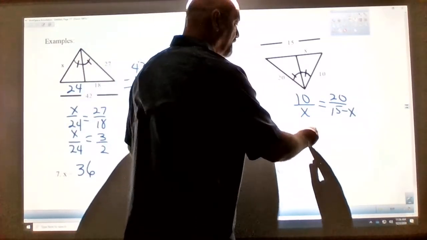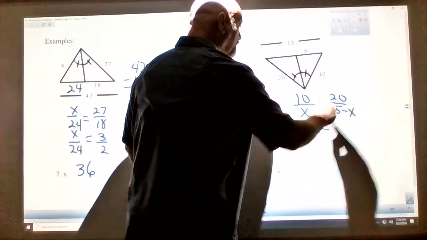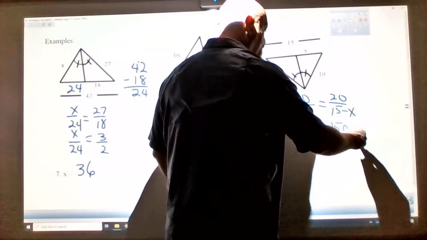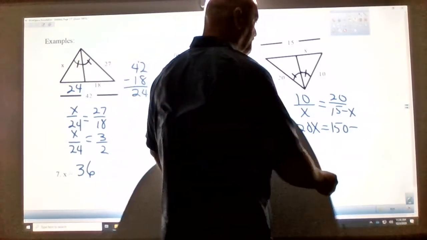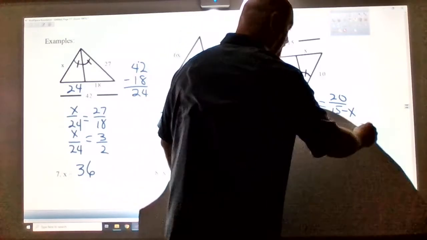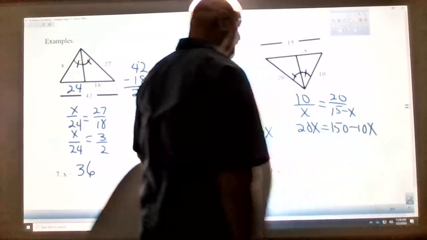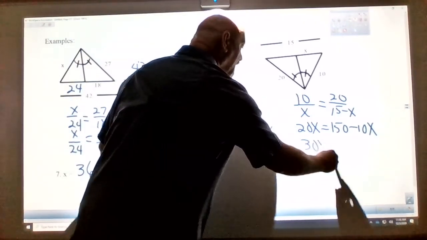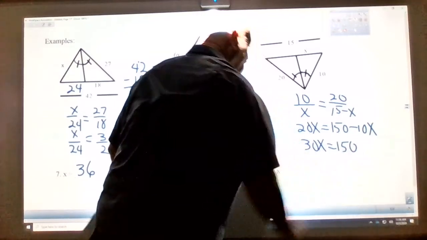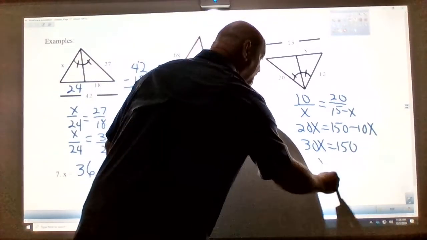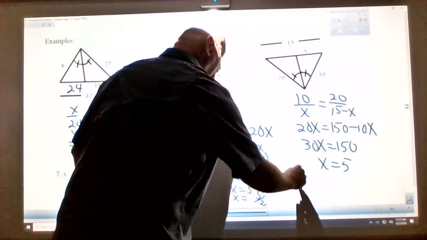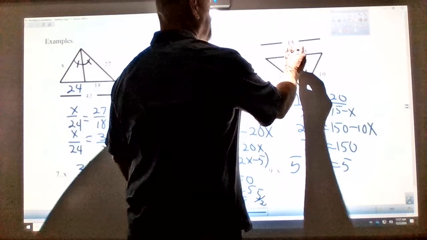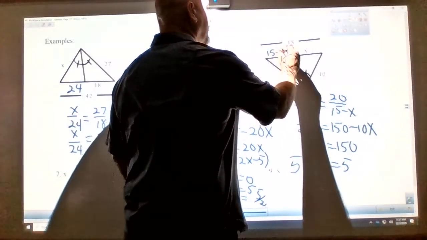We'd say that 20x equals 150 minus 10x. The x is on one side, 30x equals 150, divide by 30, so x equals 5. That was pretty easy. Just have to remember that this side is equal to 15 minus x.